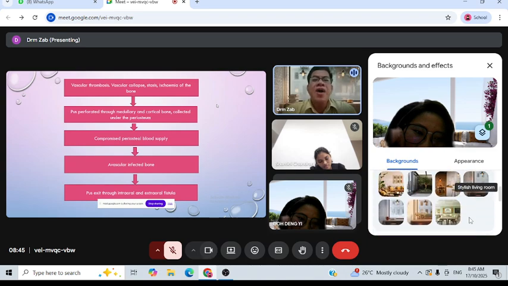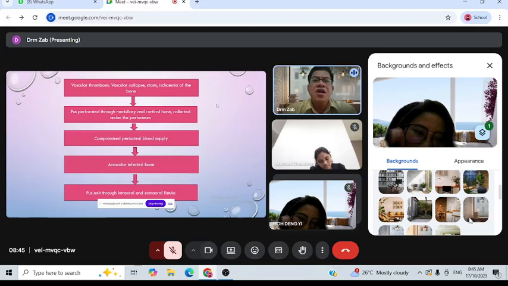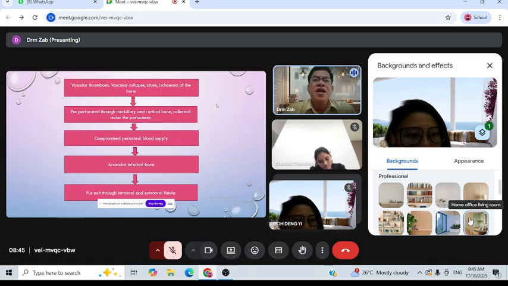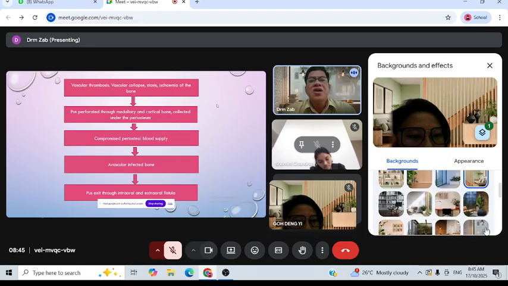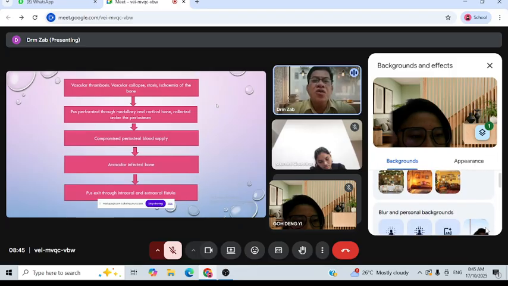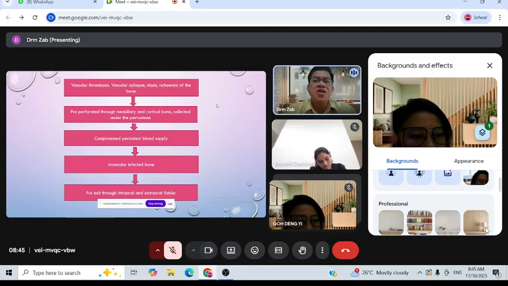Right. So this pus will then travel through the Haversian system, and then it will perforate through the cortical bone, and then it will be collected under the periosteum. Right. Okay. Once it is collected under the periosteum, continuous irritation to the periosteum will compromise the periosteal blood supply.